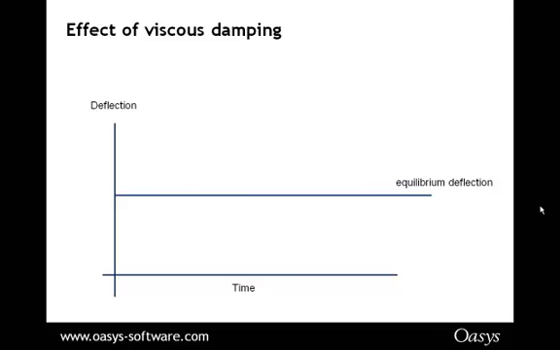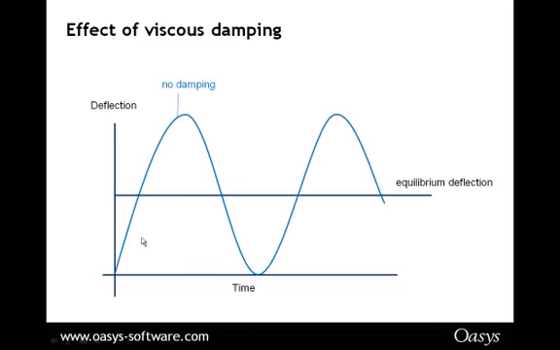To put it another way, if you're looking at viscous damping, with no damping at all, the structure will just oscillate backwards and forwards around the equilibrium position without actually finding the definite answer or finding where the equilibrium is. If you've got a damping value just smaller than the critical, being the optimum damping, the structure will overshoot and then come back and converge on the answer.